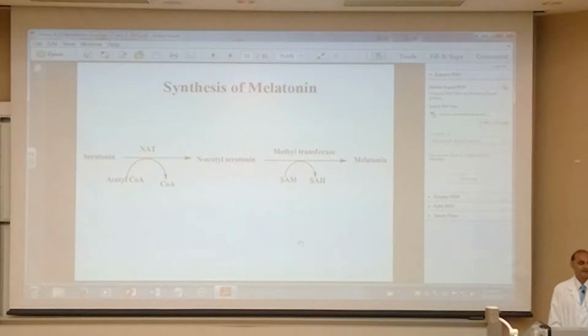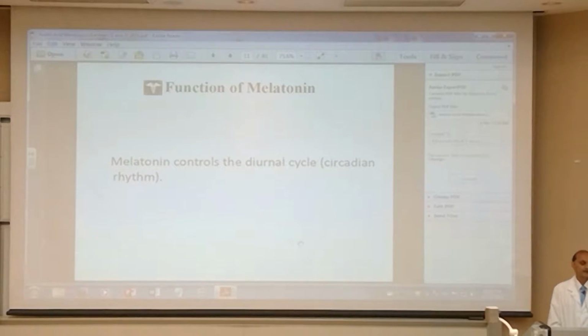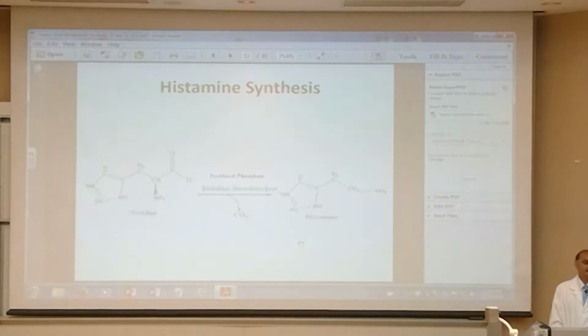NAT is the enzyme, N-acetyltransferase, and this enzyme is highly regulated based on night or day. Once you have the N-acetyl serotonin, it's methylated to form melatonin. Once again, melatonin controls the diurnal cycle or circadian rhythm. In histamine synthesis, from histidine, that's the imidazole-containing amino acid.